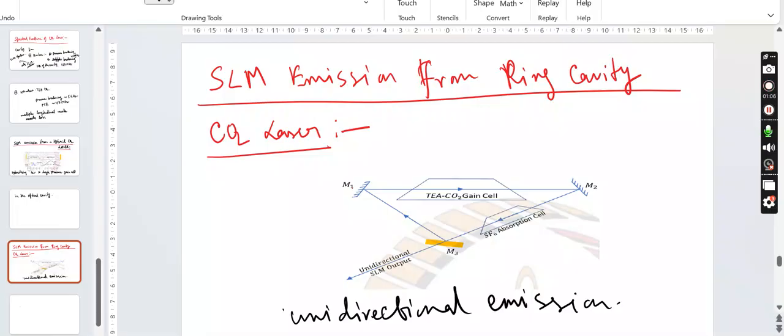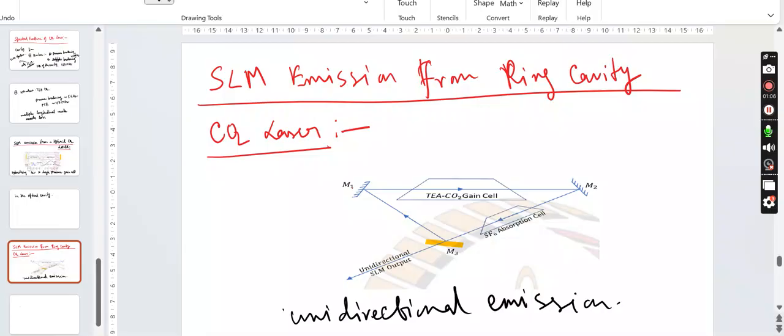If the carbon dioxide gain medium is placed in a unidirectional ring laser, lasing will be restricted to one mode. The use of a small cell containing SF6, sulfur hexafluoride gas, of suitable pressure at an appropriate location inside a ring cavity can force unidirectional lasing in a TEA carbon dioxide laser, and in turn it gives SLM operation.